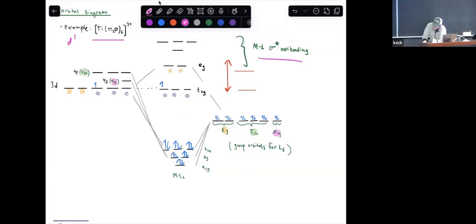Because they're at a higher principal quantum number. We said that the T1u SALCs are nicely going to overlap with p orbitals, in this case 4p. We said A1g is going to nicely overlap with s orbitals, in this case 4s. And then we said that the Eg are nicely going to interact with the dz squared and dx squared minus y squared. And so we can just draw those molecular orbitals now.